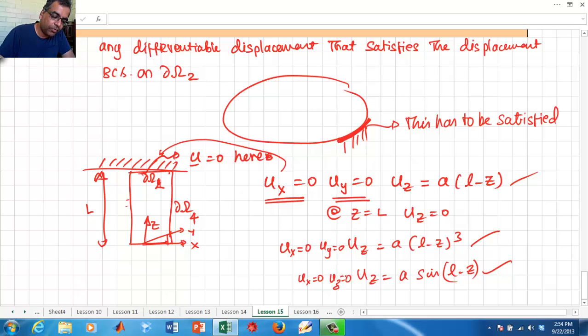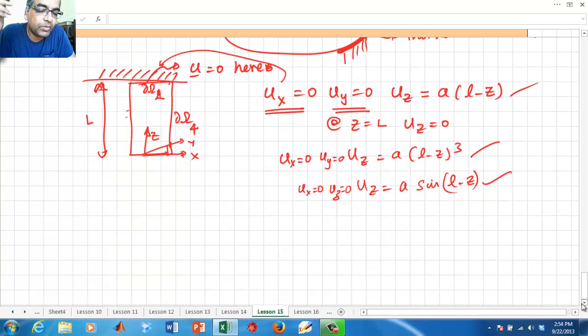Now we come to the fact, hey, wait a minute, there are many different strain fields, displacement fields that all satisfy the equations of equilibrium. That all satisfy the boundary conditions. So which one is the correct one? So now we come to the statement of the problem.